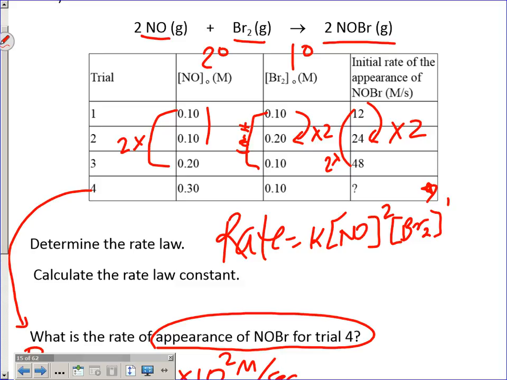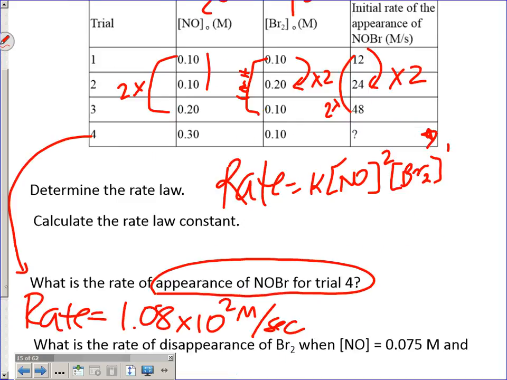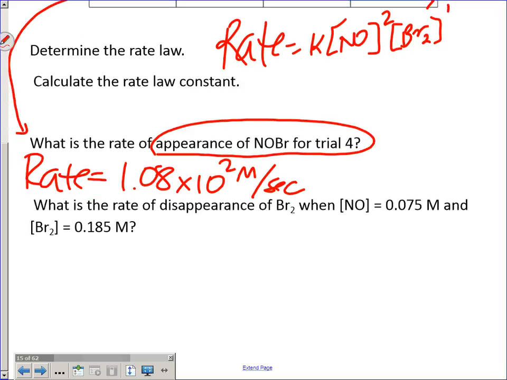This is where you can relate, once you have the rate, you can relate them to each other and go, this product is forming twice as fast as this reactant is reacting. Got me? So then how do you show that down here? Is this exactly what was given to you? No, it's not. Let me back up for a second.